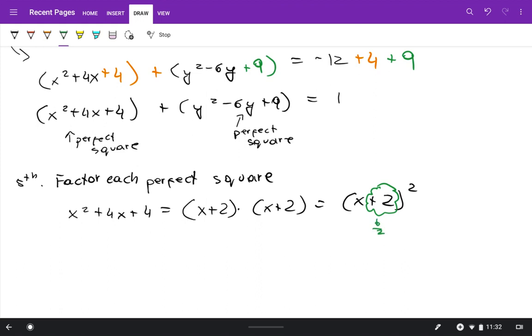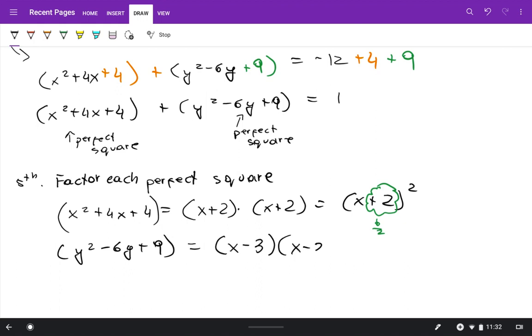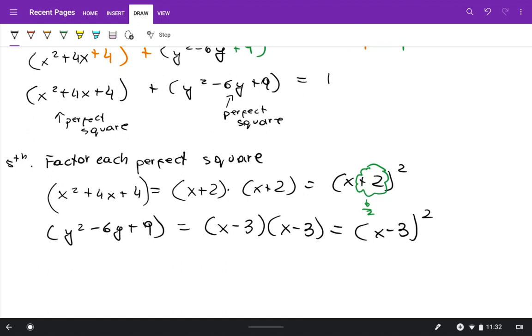Look at the second group, y squared minus 6y plus 9. To factor it, you end up with y minus 3 times y minus 3, which is the same as y minus 3 squared. We have one repeating solution. That's why I call it a perfect square.